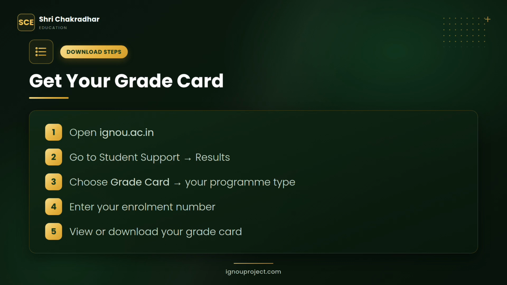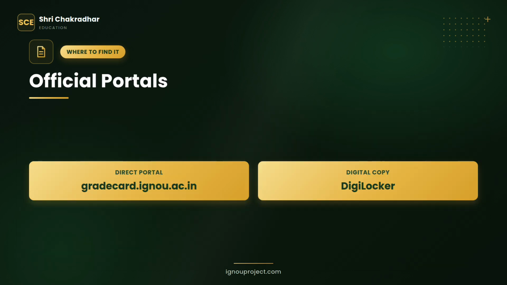Enter your enrollment number and view or download your grade card. The direct grade card portal address is gradecard.ignou.ac.in. Your digital grade card is also available through DigiLocker once IGNOU uploads it.